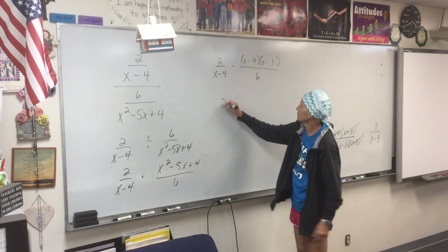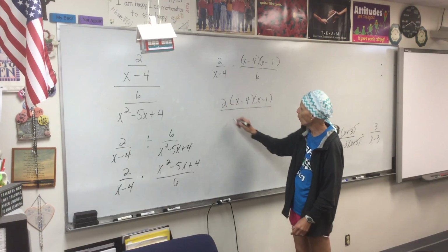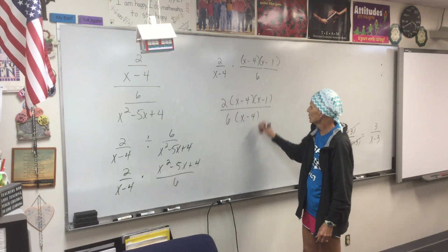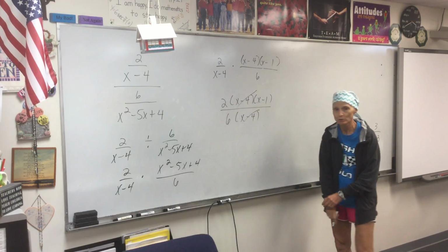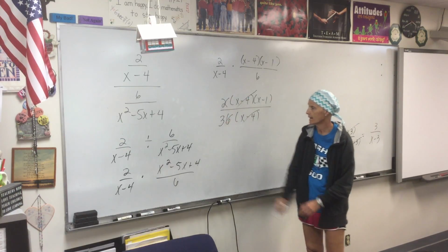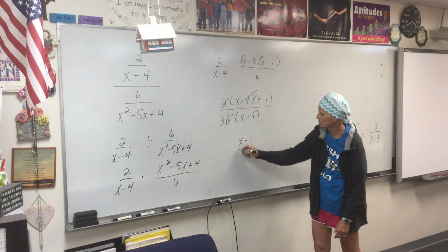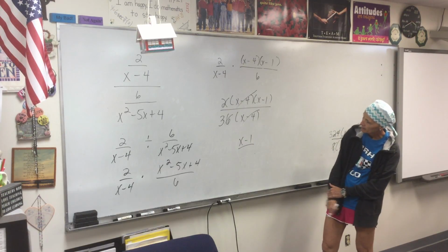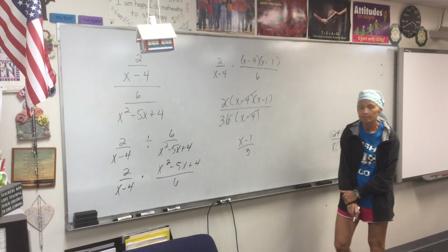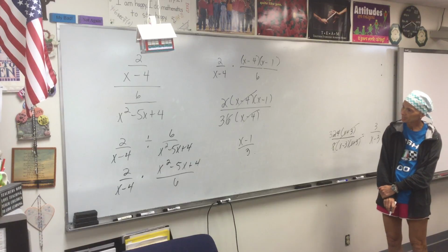Now I can put it all together. And then whole factors will cancel. So the x minus 4s are gone. 2 goes into 6 3 times. So on the top, all that's left is x minus 1, and on the bottom, all that's left is my 3. So there's the answer to the question. Good job.